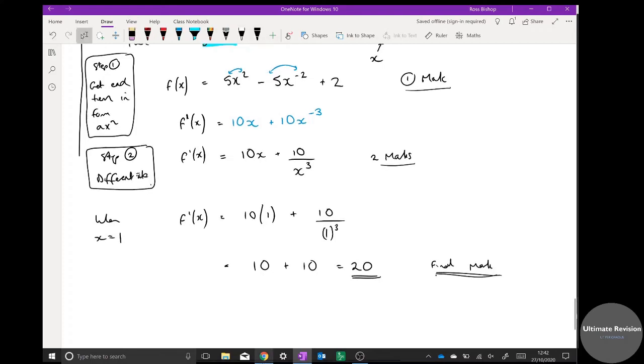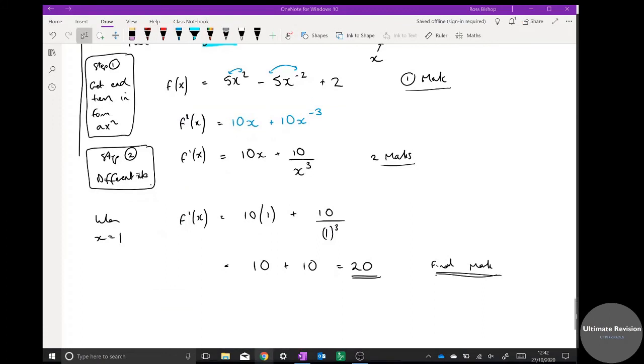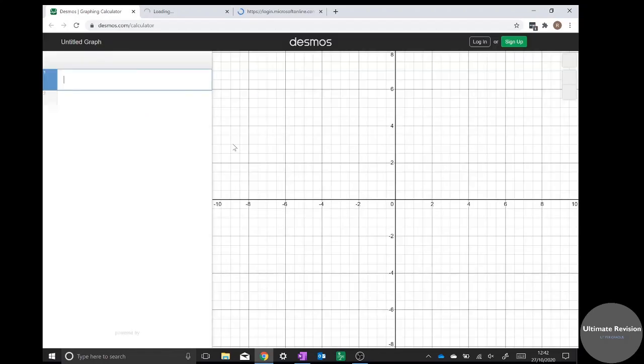Now I could, if I wanted to, quickly look on Desmos here and just check if my answer is accurate. So let's have a look at what was the original curve.